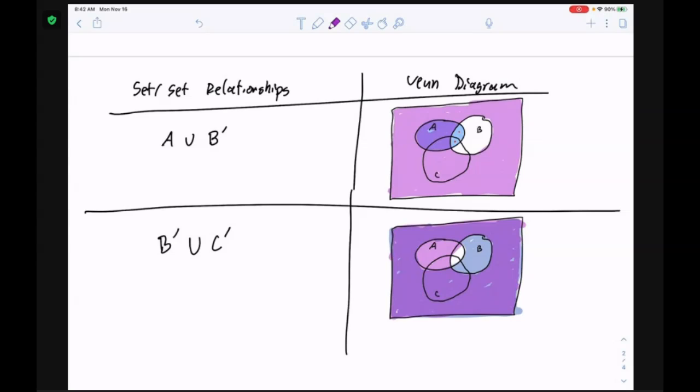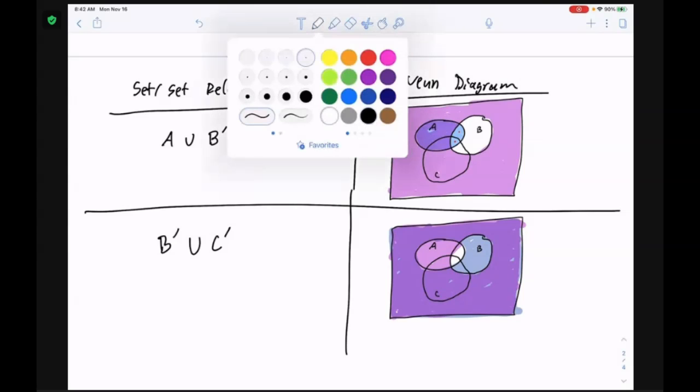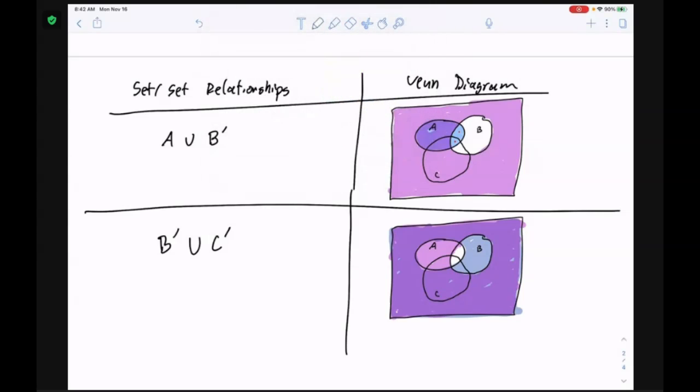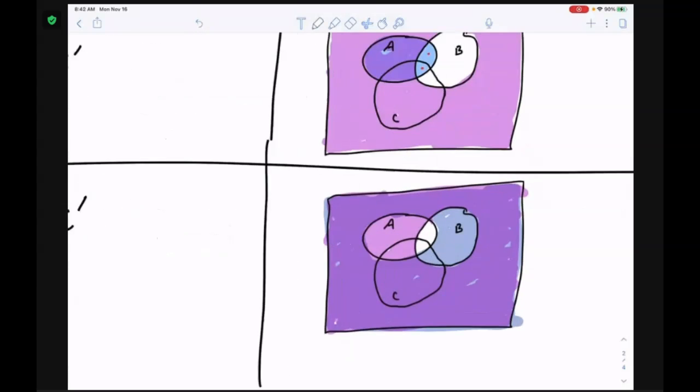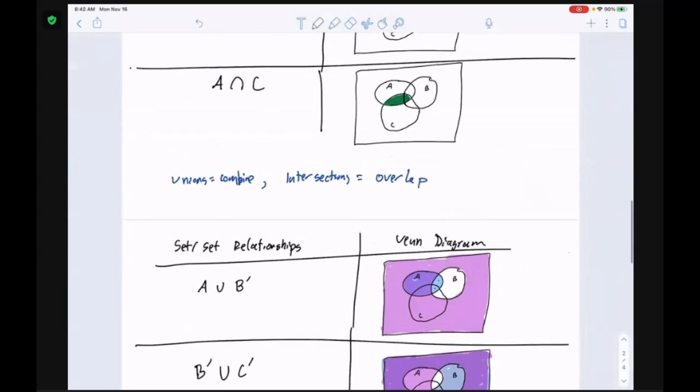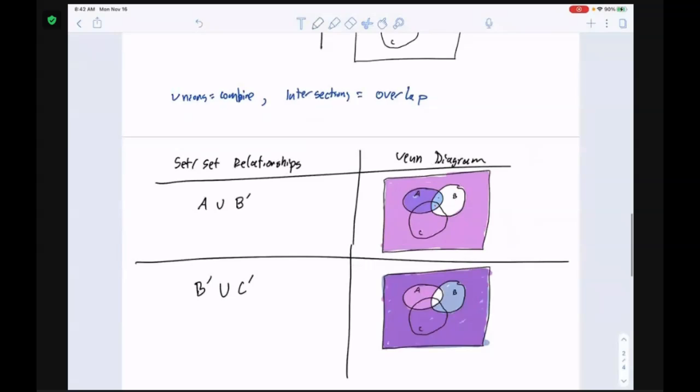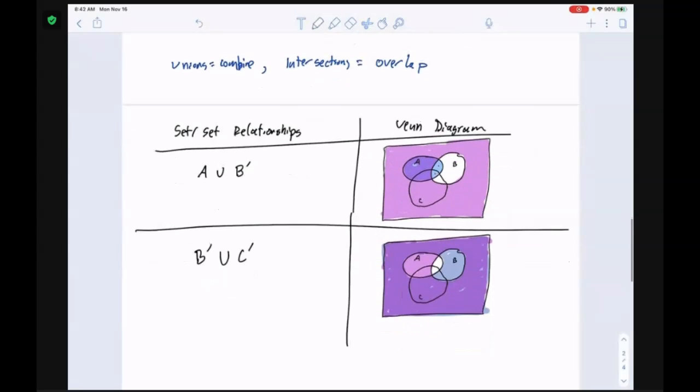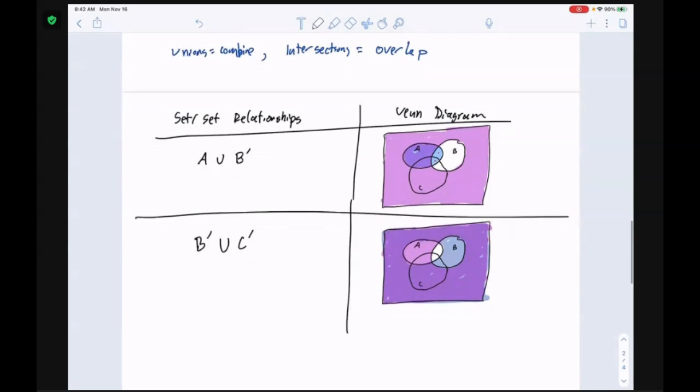So it's everything except that little piece right in the center. Does not include those ones right there. Which is really just the opposite of B intersect C, which is pretty interesting, because that little piece inside there that's not colored is actually B intersect C.